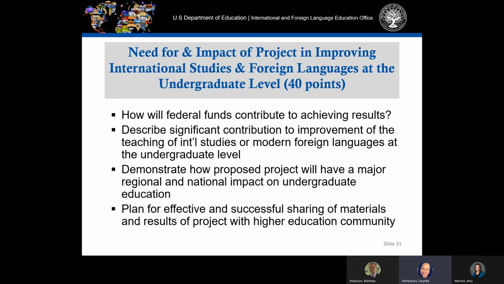For example, if you are a nonprofit who actually works in the area of foreign languages, explain why the funding is important to help leverage your voice in higher education and promote foreign languages. So you really want to come back to why a nonprofit needs the funding, all in this particular criterion, worth 40 points.